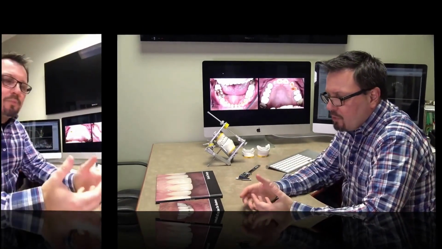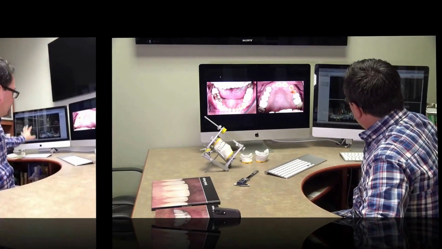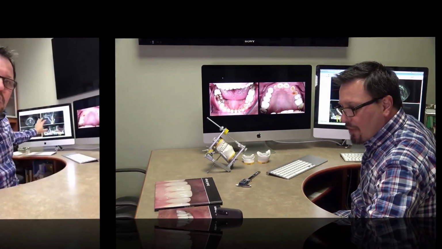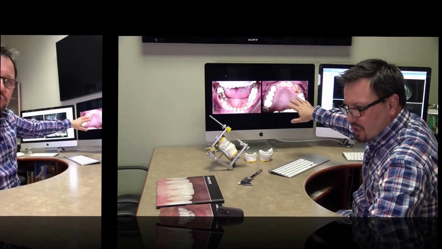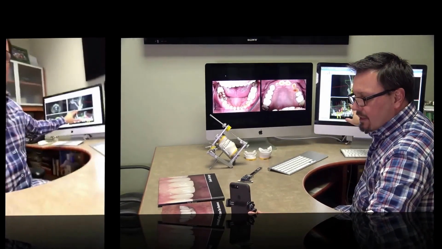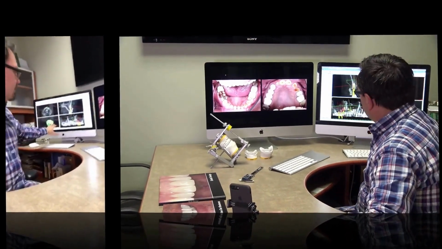It's an actual presentation of their images that I took at the records appointment. And if they're having dental implants placed, we have their Simplant scan and implant planning on the iMac next to the presentation iMac. Now this is actually a case that I did this week as well.